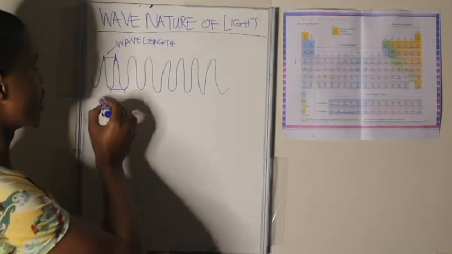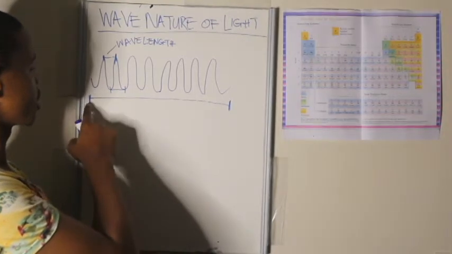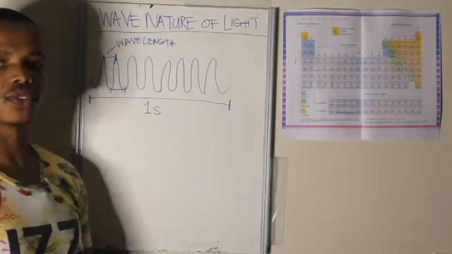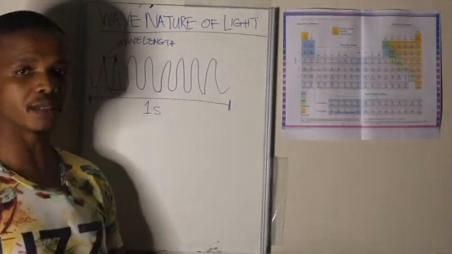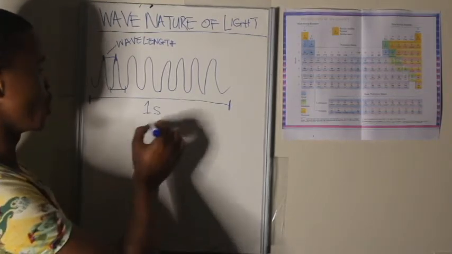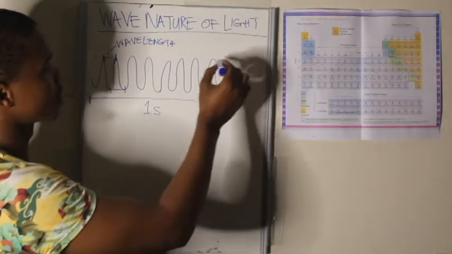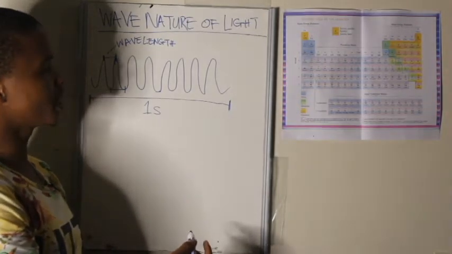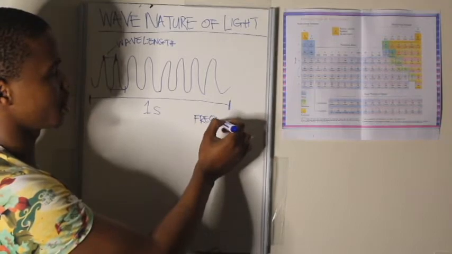But the number of waves, if we say from here to here is 1 second, so the number of waves that pass through a fixed point would be called your frequency. So the number of waves that pass here in 1 second would be called your frequency.